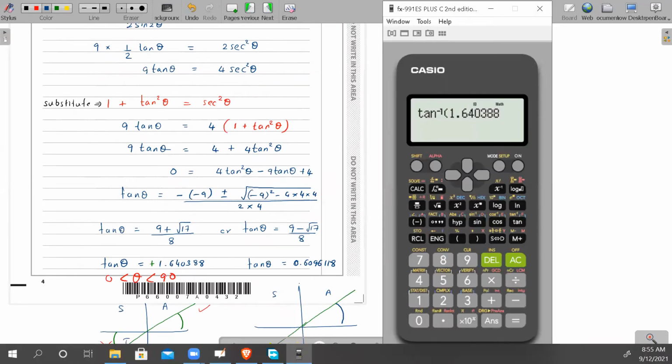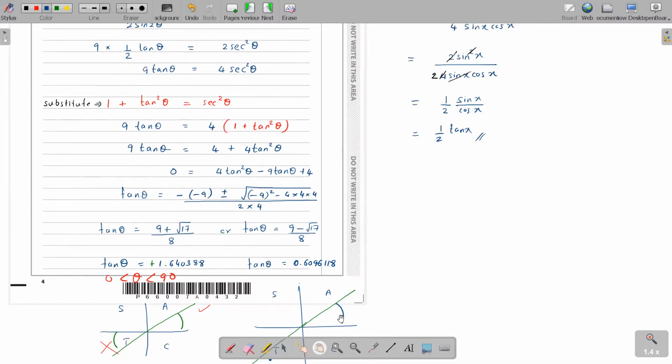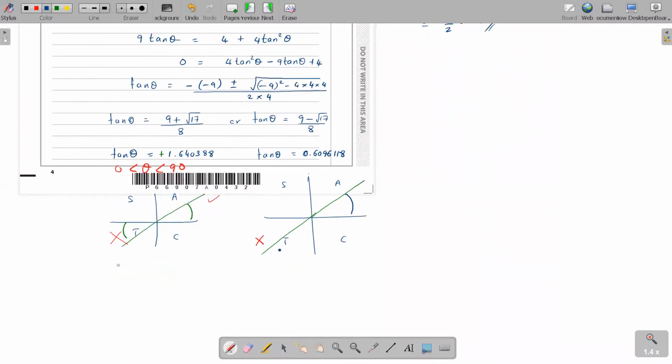So tan inverse 1.640388 gives me the first answer, 58.6, correct to 1 dp. The first answer for theta is 58.6.